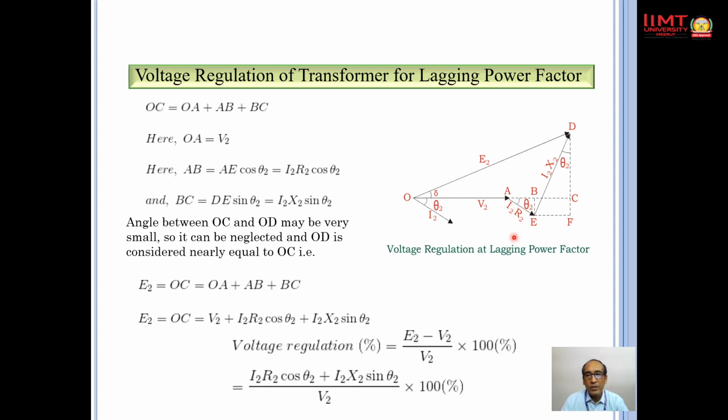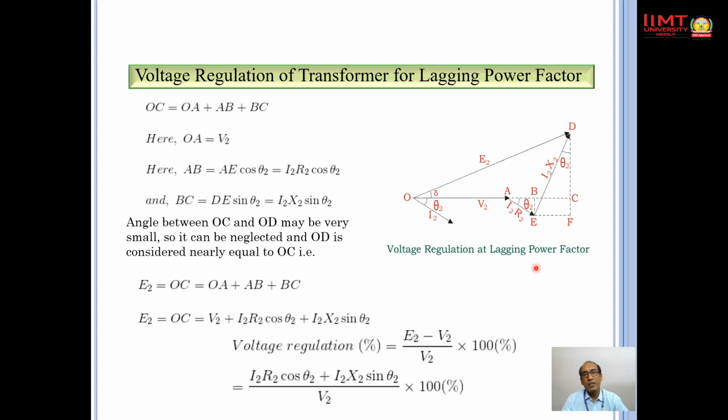It has a horizontal component, I2R2 cos phi 2, which is represented by AB, and similarly BC is equal to EF because of the rectangular shape. BC is equivalent to EF, and what is the value of EF? We have the reactive voltage drop I2X2 with an angle theta 2. Its vertical component is EF, equal to I2X2 sin phi 2, and that is equal to BC.